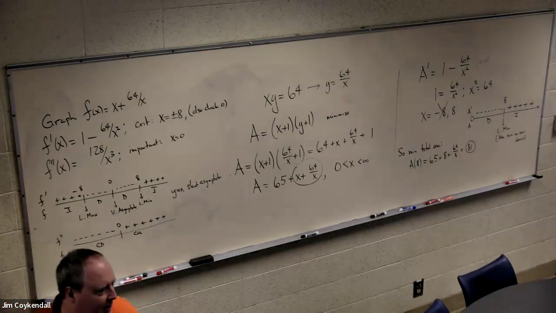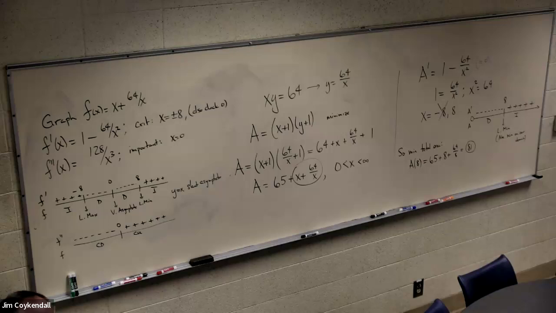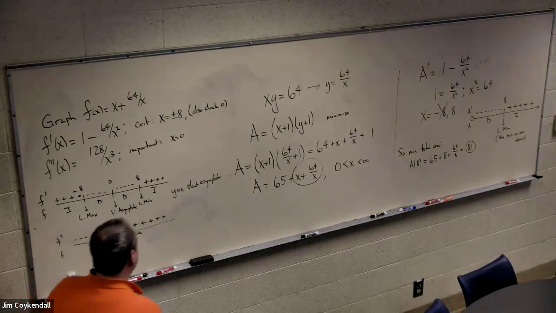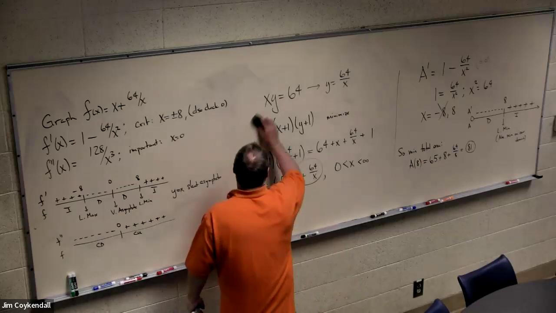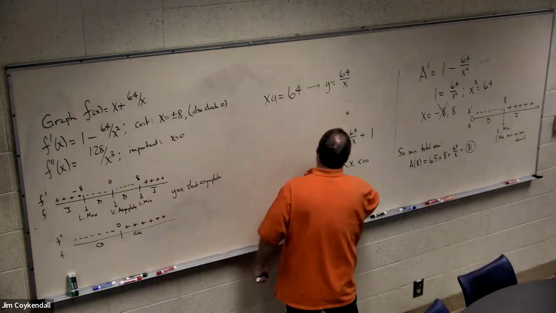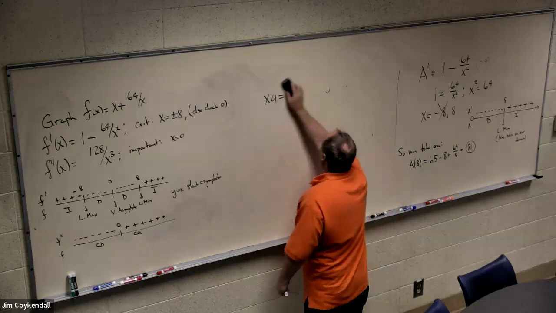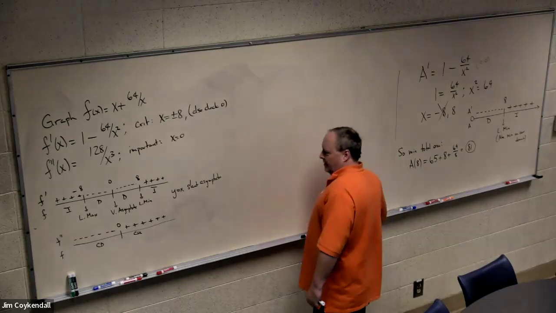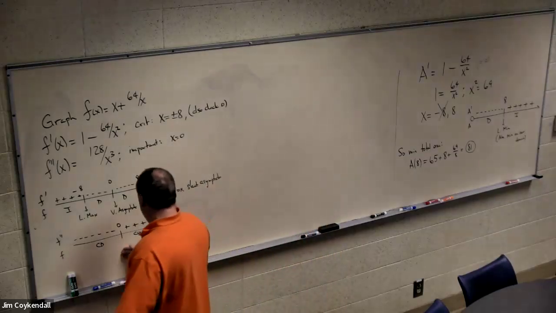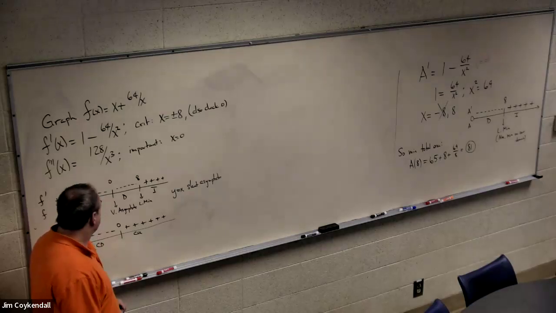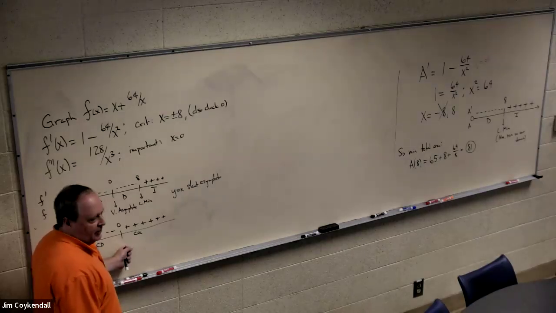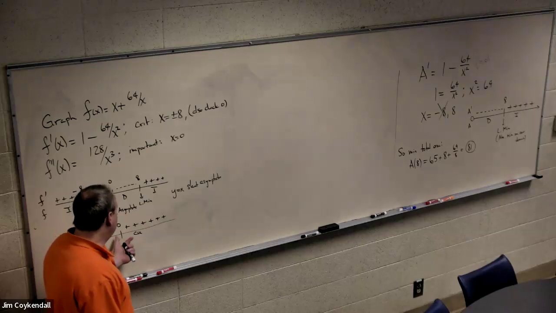I would be tempted to say this is a point of inflection, but it's not, as it's a vertical asymptote. The concavity does change, but there's no point.